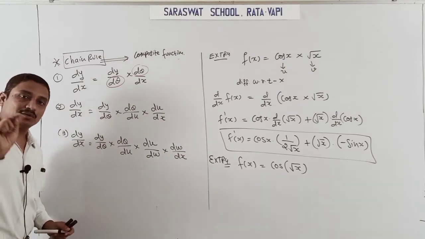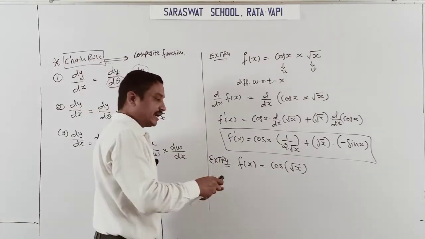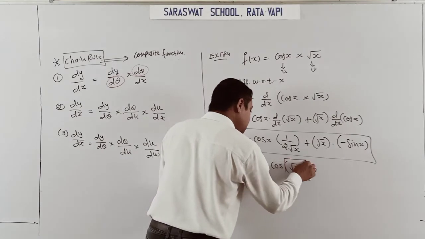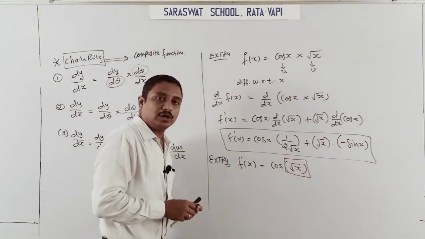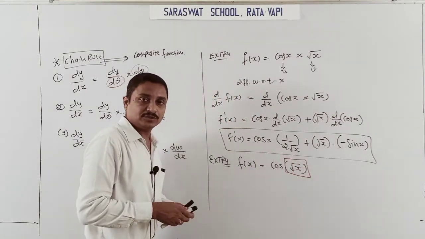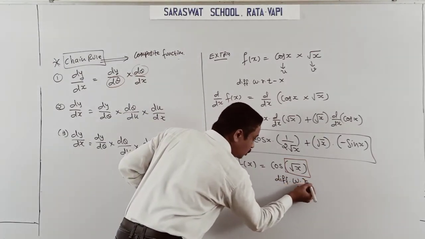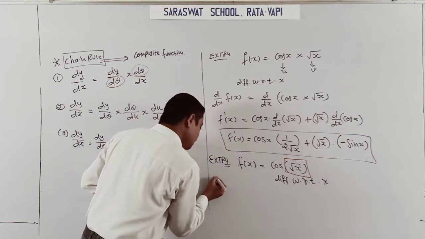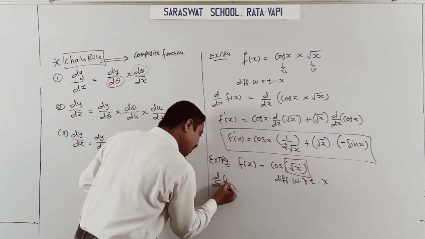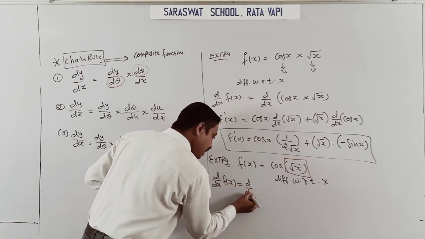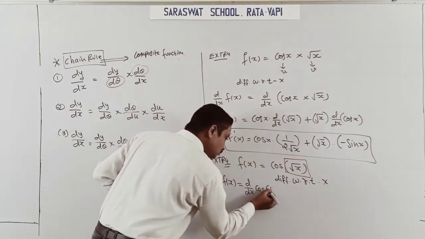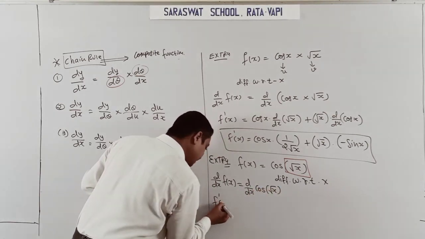Now I go to the chain rule method. It's very easy. Look at that. Here you consider cos theta and only read cos theta. So differentiation with respect to x, same, d by dx of f(x), d by dx of my question. Now here it is x.